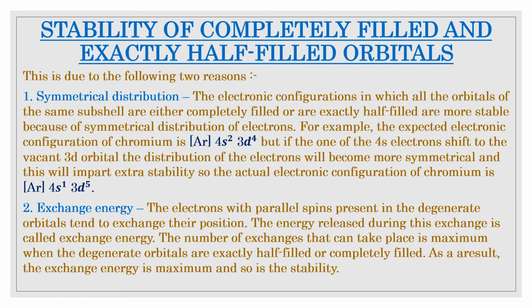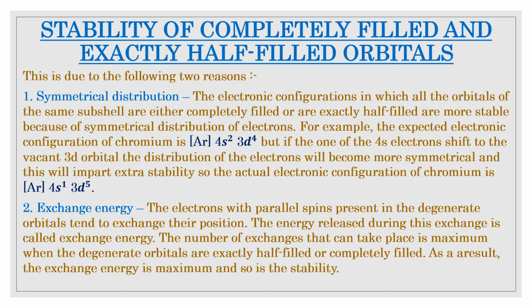The third electron can exchange its position with the 4th and 5th, so 2 exchanges. The 4th electron can exchange its position only with the 5th one, so one more exchange. So the total number of exchanges is 4 plus 3 plus 2 plus 1, that is 10.